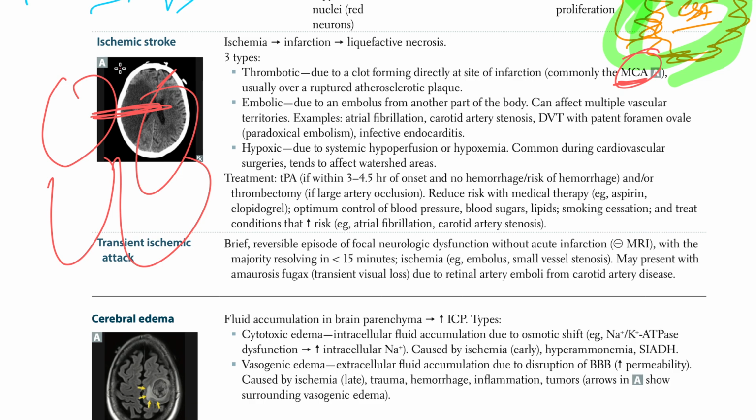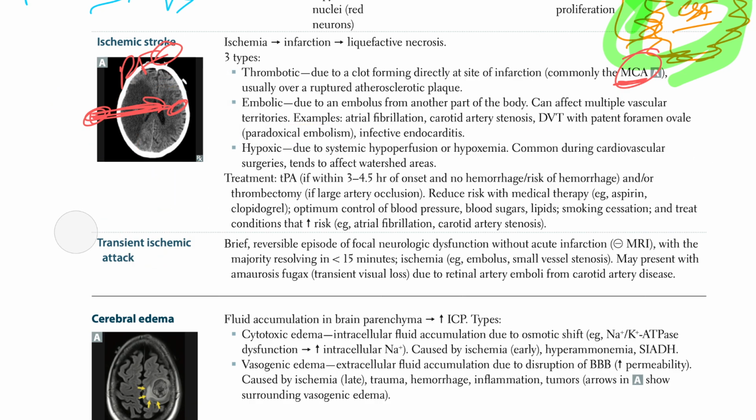That opening is the PFO, patent foramen ovale, and that is known as paradoxical embolism. High yield. Then the next thing, you have infective endocarditis. Infected valves have these vegetations which will throw emboli that go into the left heart circulation.